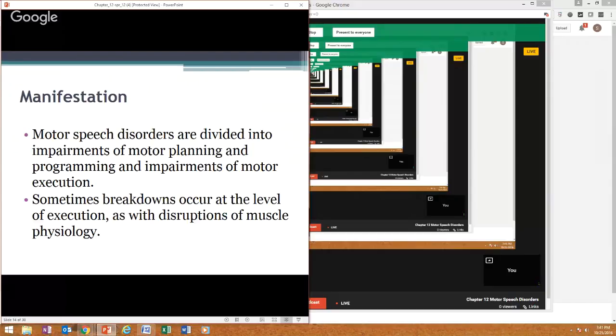Motor planning and programming disorders are caused by an inability to group and sequence relevant muscles in order to plan or program a movement, and the motor execution disorders are caused by deficits or inefficiencies in basic physiological or movement characteristics of the musculature, such as muscle tone, movement speed, and movement range. Impairments of the speech motor system might also affect other oral motor behaviors, such as smiling or swallowing.